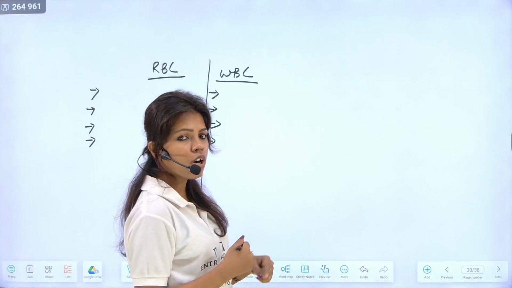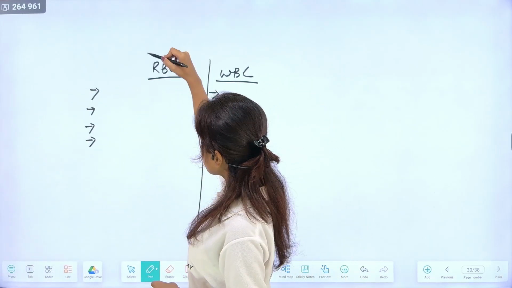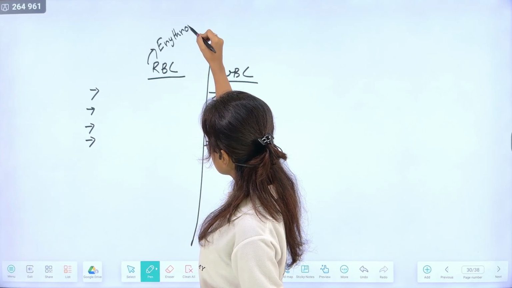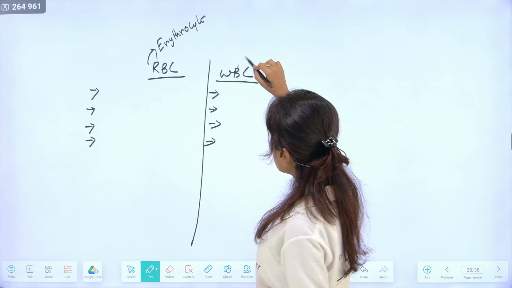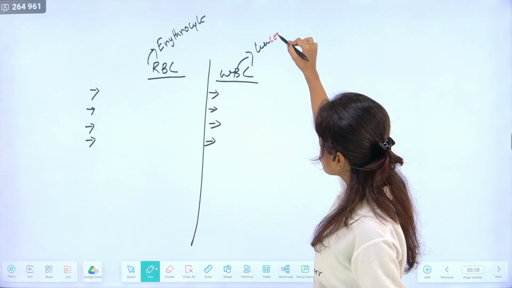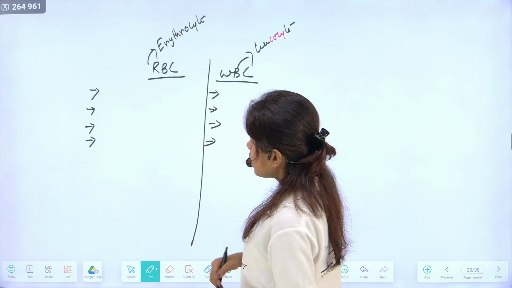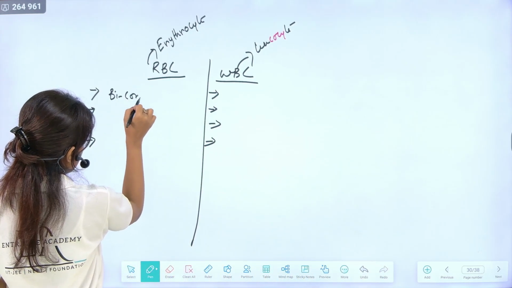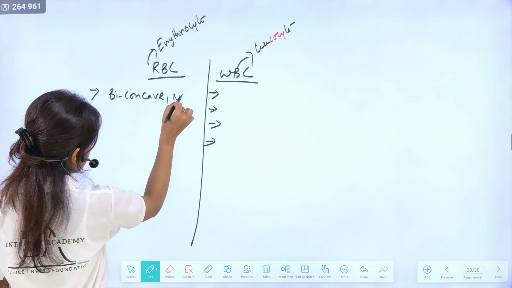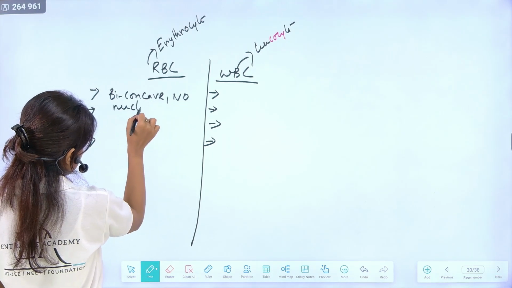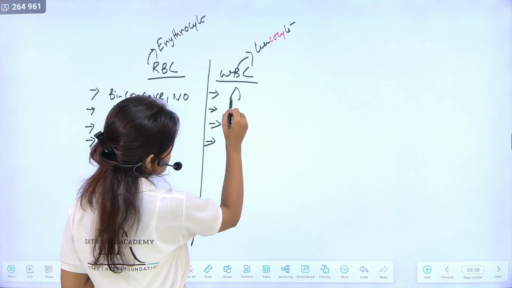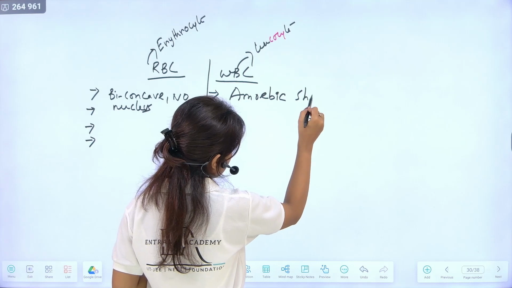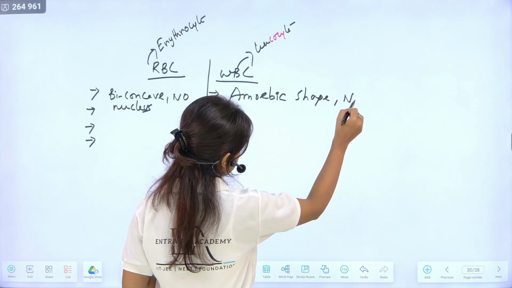The RBC or red blood cell, another name of this RBC is erythrocyte, whereas the another name of WBC is leukocyte. Next, the RBC is a biconcave shape. No nucleus is present. And WBC is amoeboid shape. It does not have a specific shape, amoeboid shape, and nucleus present.